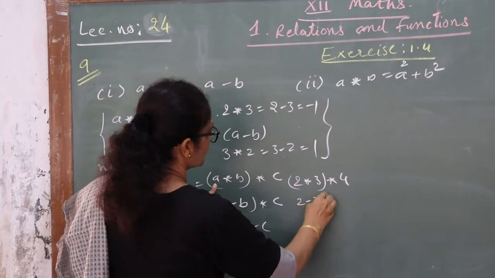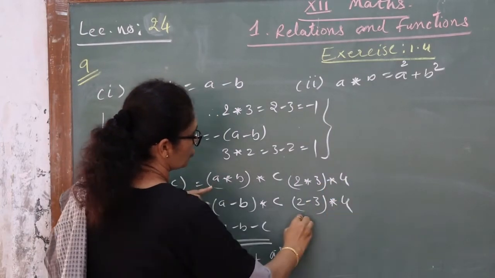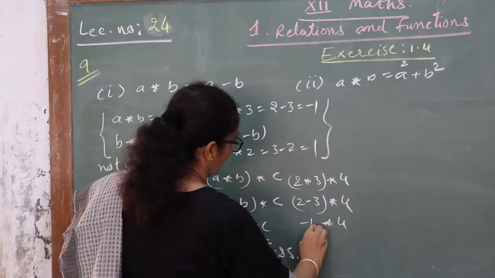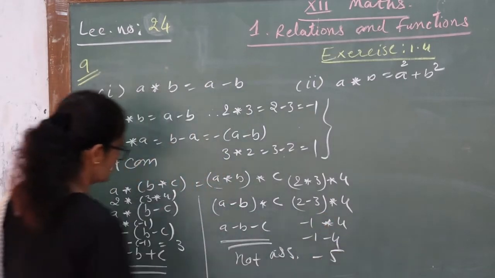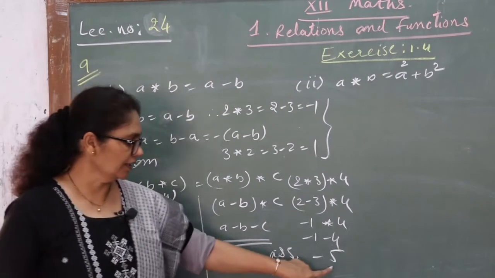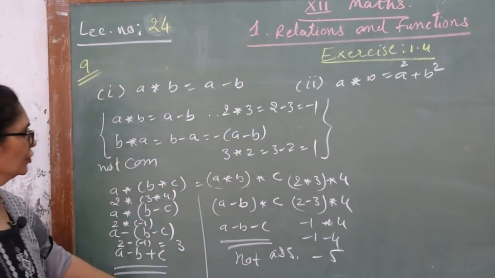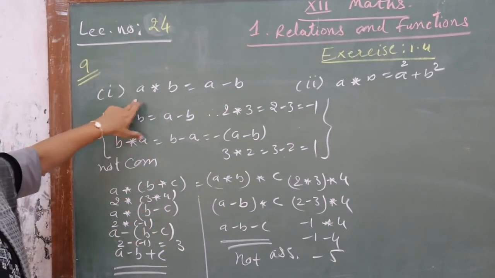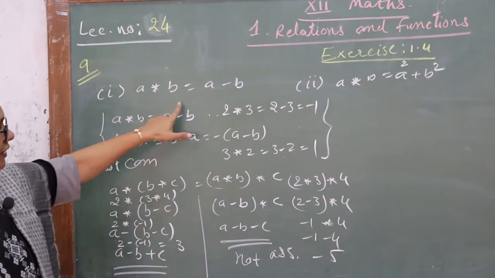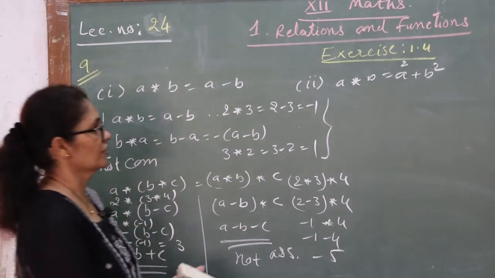So 2 minus 3 and 4. So minus 1 and 4. Minus 1 minus 4 means minus 5. One answer is 3 and another is minus 5. So from this you can recognize that this is not associative. Means first question, a minus b is not commutative, not associative.